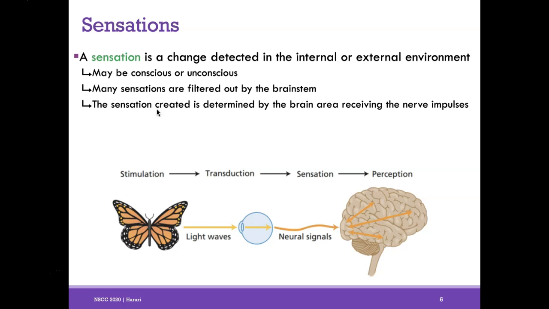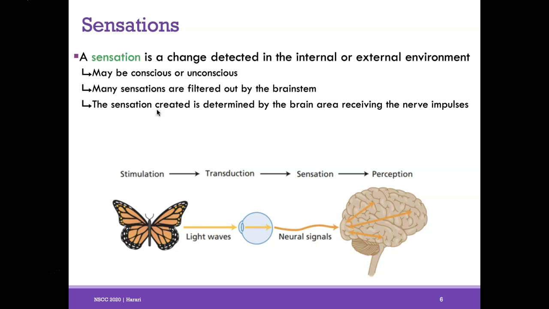So the olfactory epithelium has to go through the appropriate cranial nerve, the olfactory nerve 1, which then has to go to the olfactory cortex and parts of the temporal lobe. So it depends. The sense is routed to a specific part of the brain, and the brain will then process those nerve signals and interpret it as a sensation. So the sensation created is determined by the brain area receiving the nerve impulse.